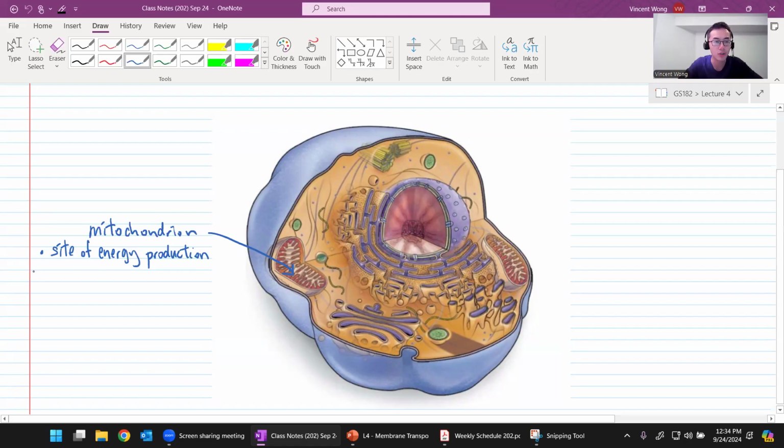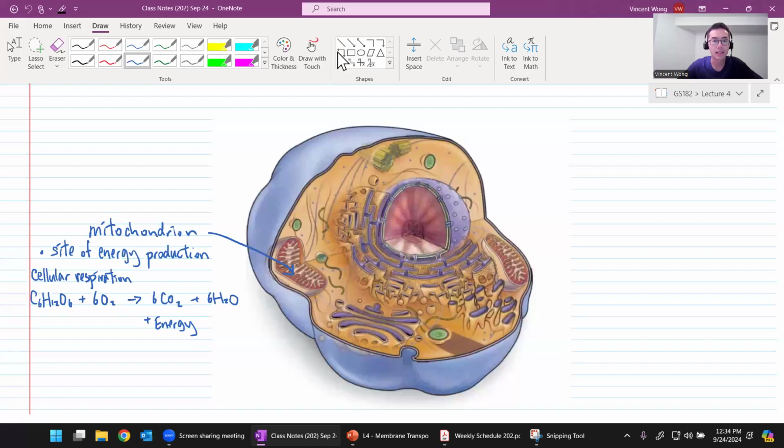Let me just remind you the formula for cellular respiration. Even if you don't have the diagram with you, you can still write some of these things down to help you remember it. So that's glucose plus oxygen, which produces carbon dioxide and water. And more importantly, it is going to produce energy. So that is the mitochondria.